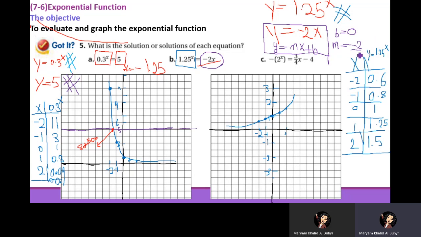So this is like -2 over 1. So you are going to move 2 units down, 1 unit to the right. You can do the opposite. You can say also 2 over -1 if you don't have space: 2 units up, 1 to the left. We are going to use both, so we will start from 0.